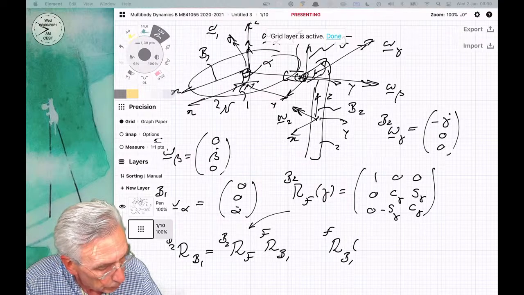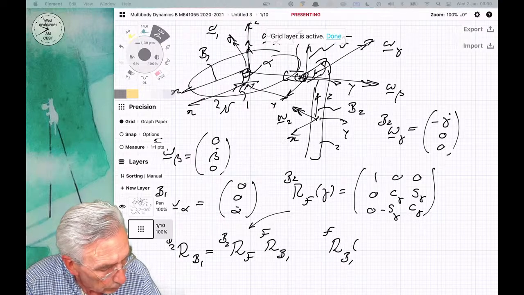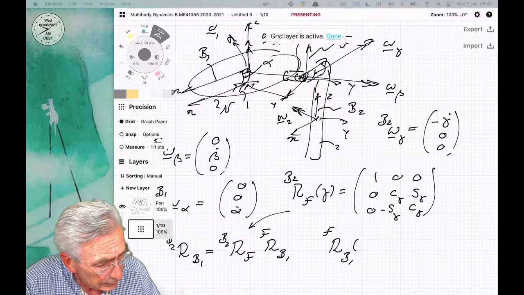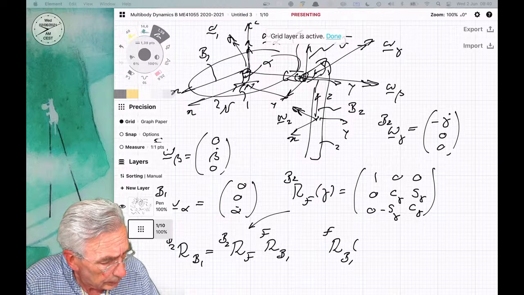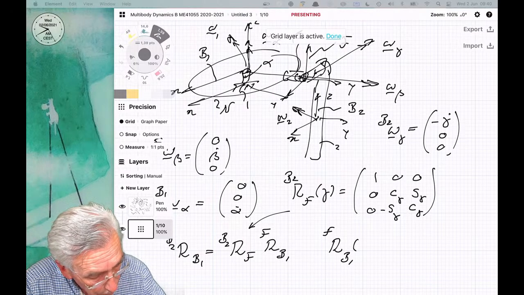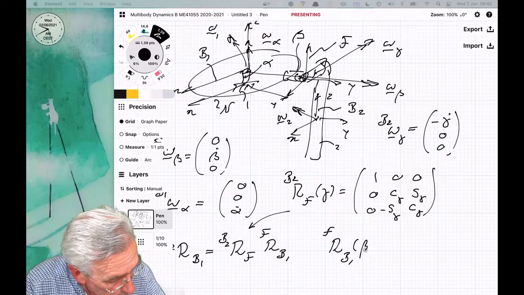Well, the difference is, oh man, this should be beta, of course, huh? Oh, yeah. Okay. Anyway, so here we get the beta, right?